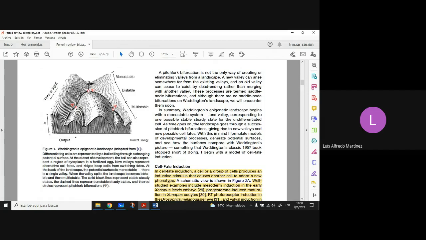The X axis represents the phenotype or a single time-dependent state variable.